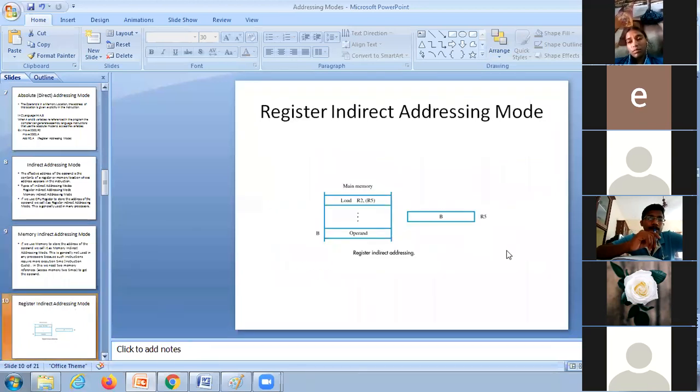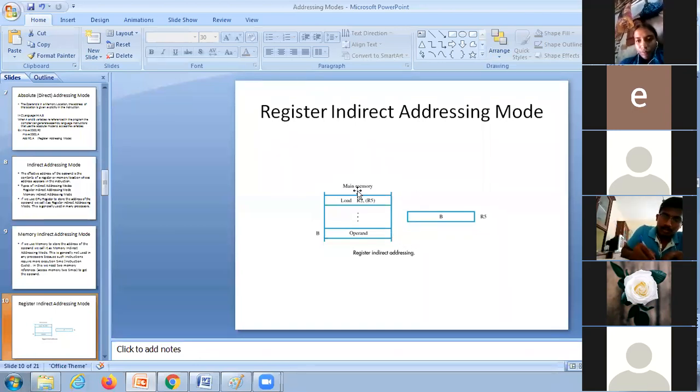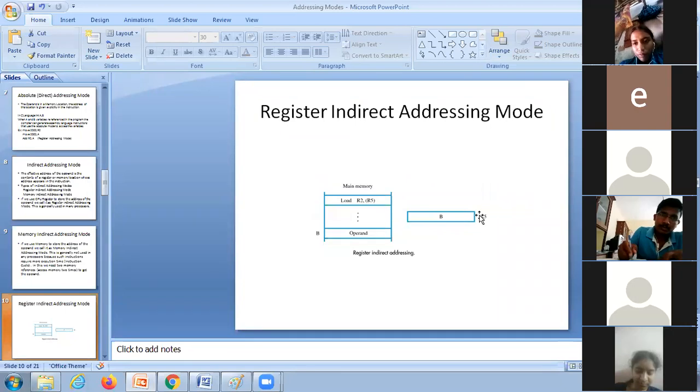Here is the diagram. All of you note down this diagram. For diagrams, you need to be very specific. This R5 is in the register file, the CPU register file. This is main memory.